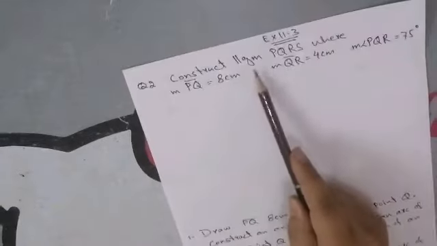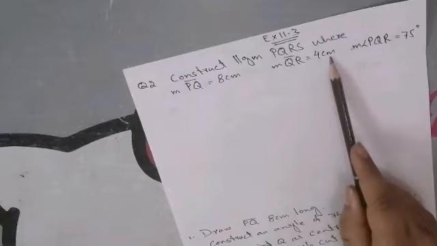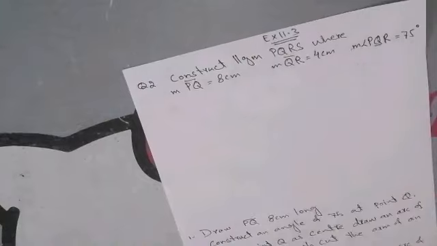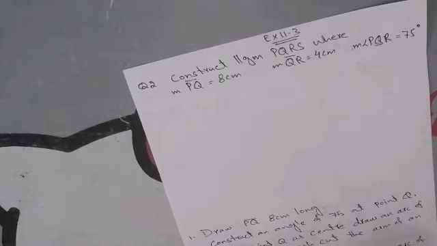Now the second question is 11.3, question number 2. Construct parallelogram PQRS where PQ is 8 centimeter, QR is 4 centimeter and the angle at point Q is 75 degrees. Now students, to draw the angle of 75 degrees with the help of a compass, you know that first of all you draw an angle of 90 degrees because 75 is in between 60 and 90.